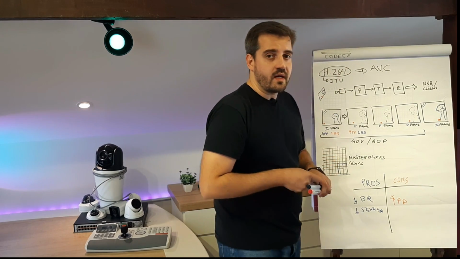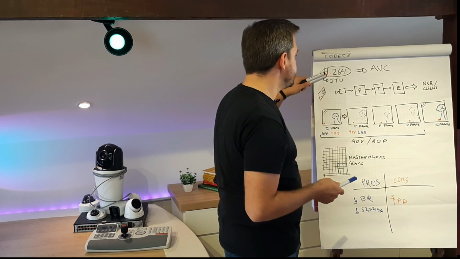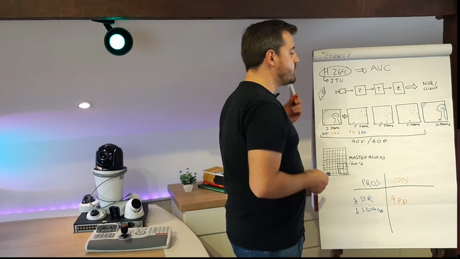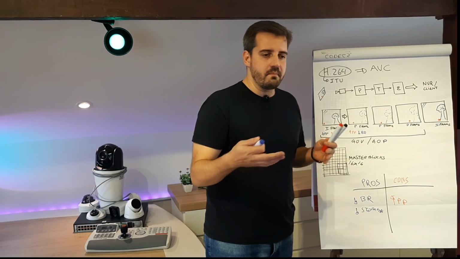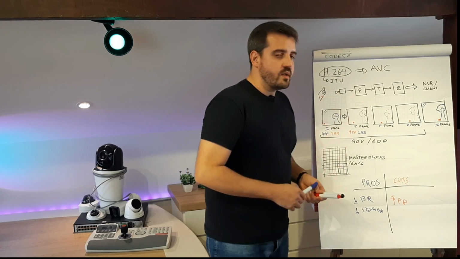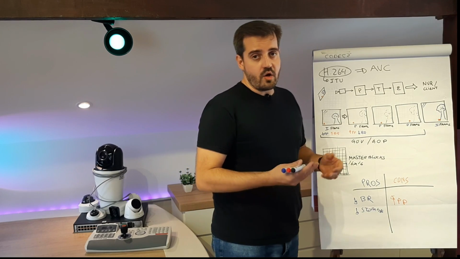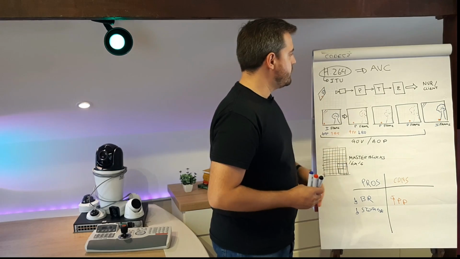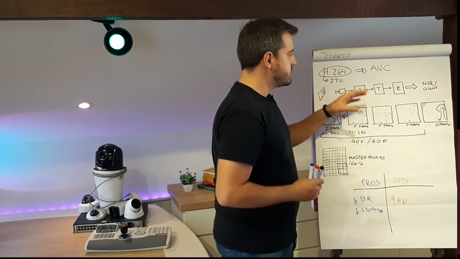We also have a new component here in the H.264 stream, which is audio. In MJPEG we don't have audio enabled or embedded in the codec, but in H.264 we have audio as well. It's an option that we can enable in the camera, and it can be merged in the video stream to the NVR.